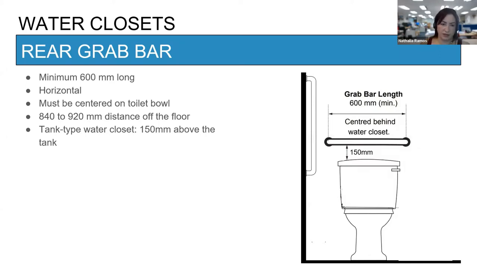This is a discussion that I came across once with an architect. It is because if you install the grab bar above the tank, it won't meet the total distance from the floor. If you read the code, it is not really clear about it. It just says that if you're using a tank type, then it must be this high from the tank.